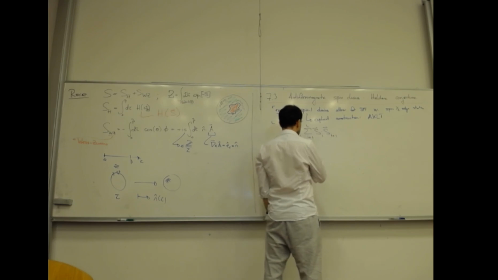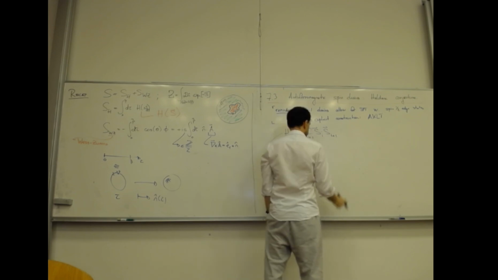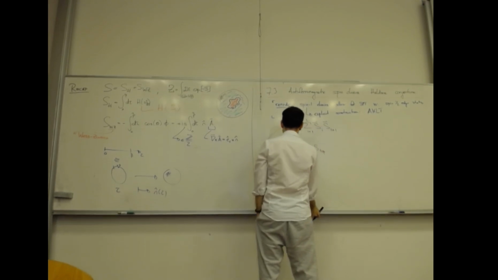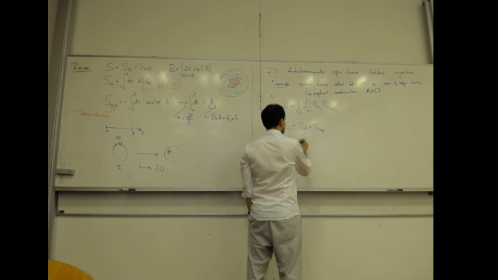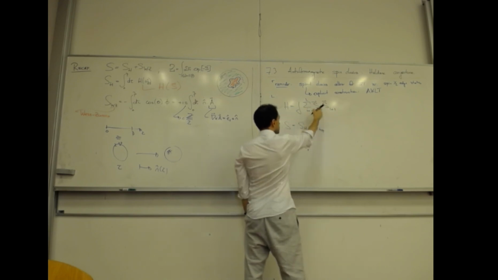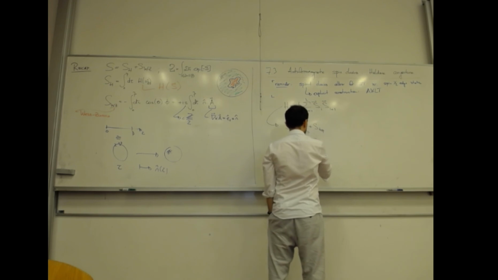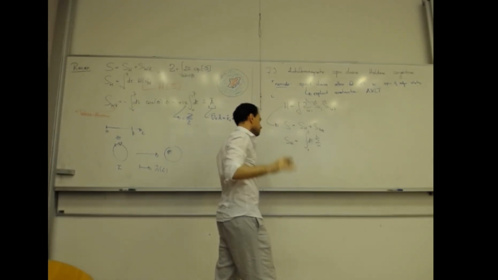S equals, maybe I write it like this, S_H plus S_top. S_H is nothing but the integral over tau from 0 to beta, sum over each site i, from i equals 1, let's say with periodic boundary conditions. We can also open the boundary conditions, it doesn't really matter.